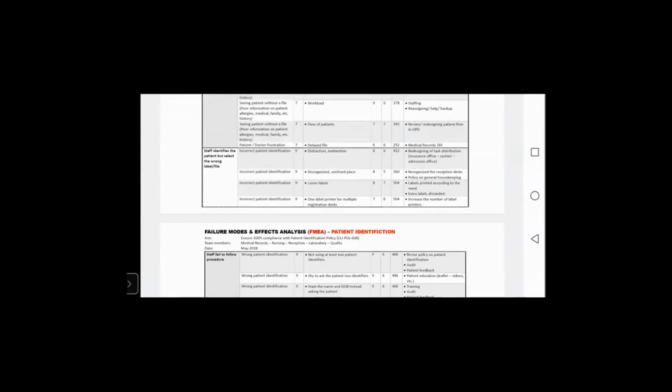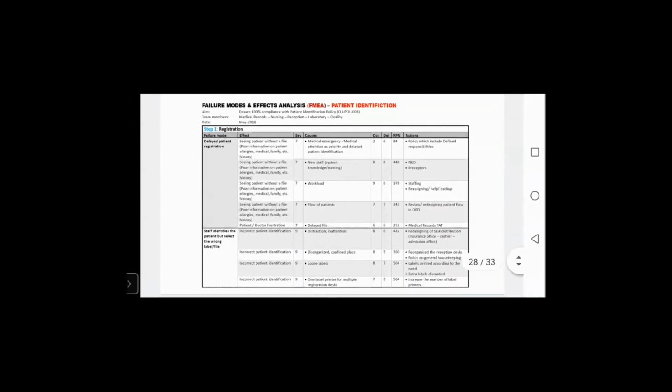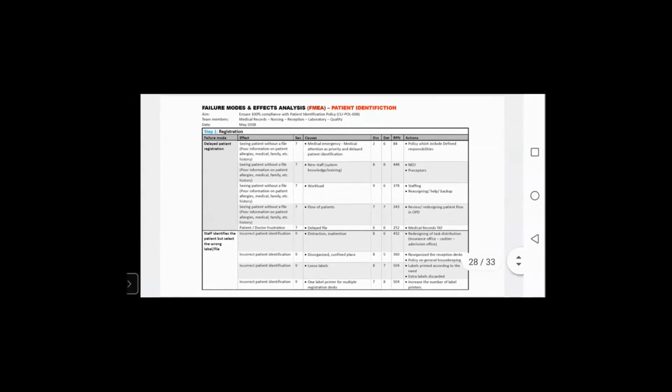That will be my question. After making the FMEA, what did you discover are the most important risk factors that have the highest risk priority number? Okay. I don't have it in order now, but I remember that we added the printing labels. We can check together.